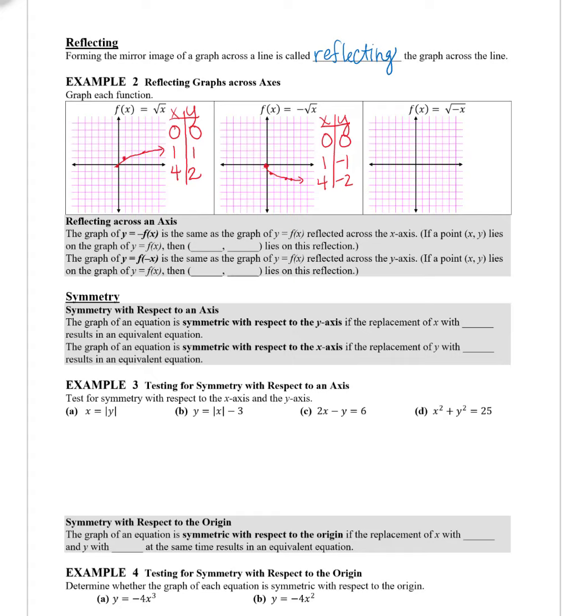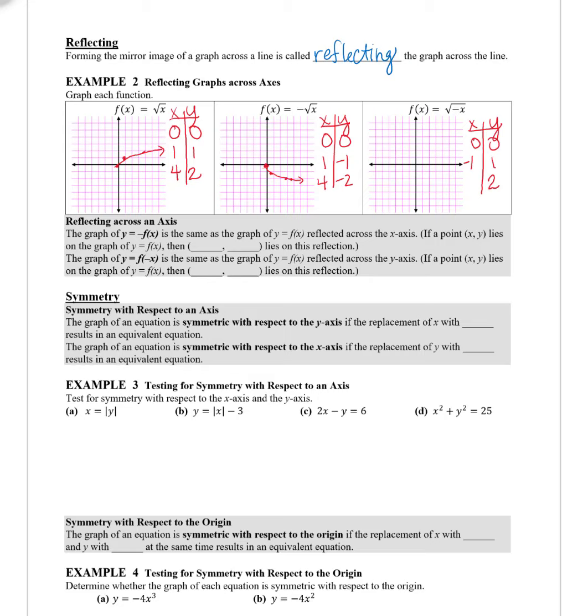Now let's see what happens if the negative is inside the radical. If I want to keep the original y's of 0, 1, and 2, do you see how we need to make the x's negative, except for 0? So negative 0 is just 0. If we wanted the square root of a negative something to give us 1, that would have to be negative 1.